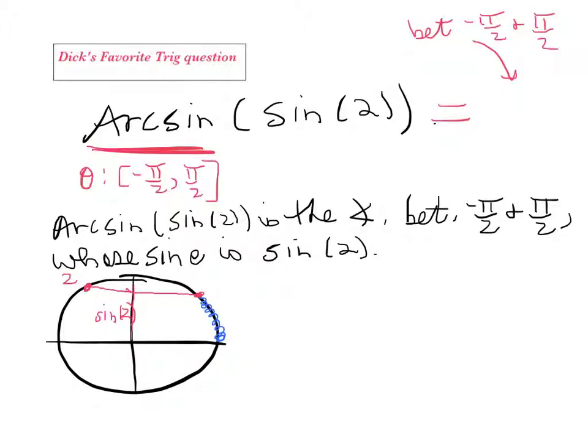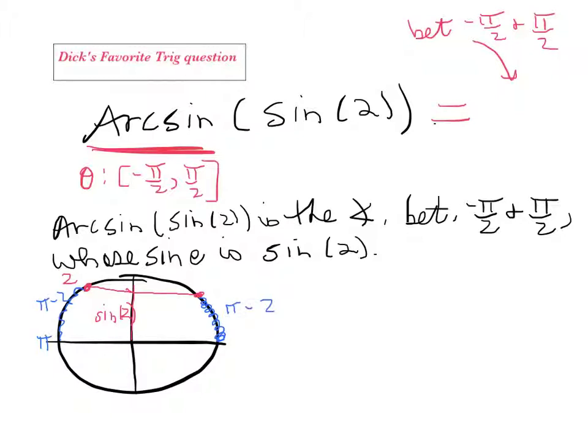So here's what we do know. We know that from 0 to here is equal to 2. We also know that this distance right here is pi. So therefore, this length is pi minus 2.